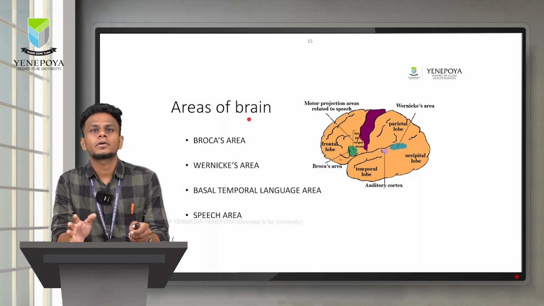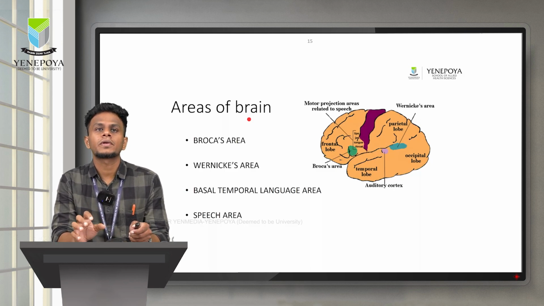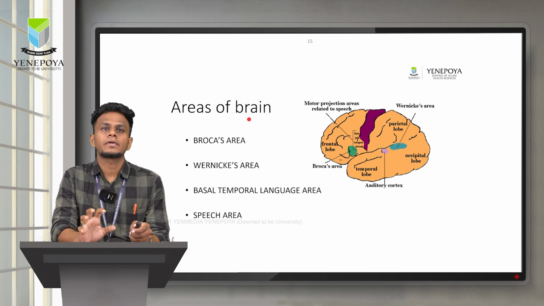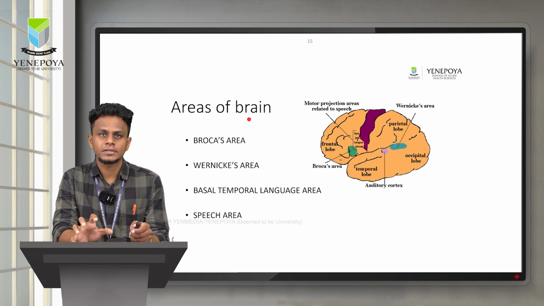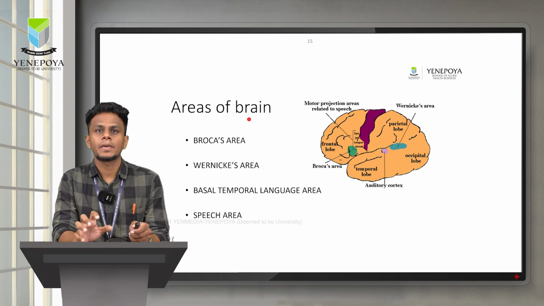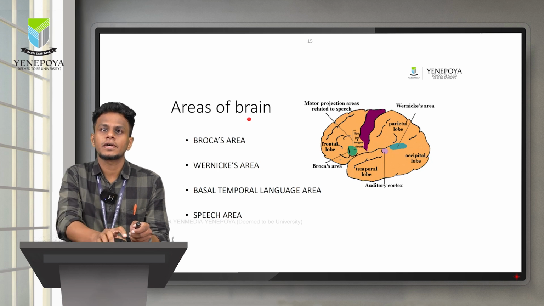Before going deep into fMRI, we need some basic knowledge about the areas of the brain. In fMRI they usually look at Broca's area, Wernicke's area, the basal temporal area, and the speech area. You can see this is Broca's area, and this is Wernicke's area. This is your temporal lobe.